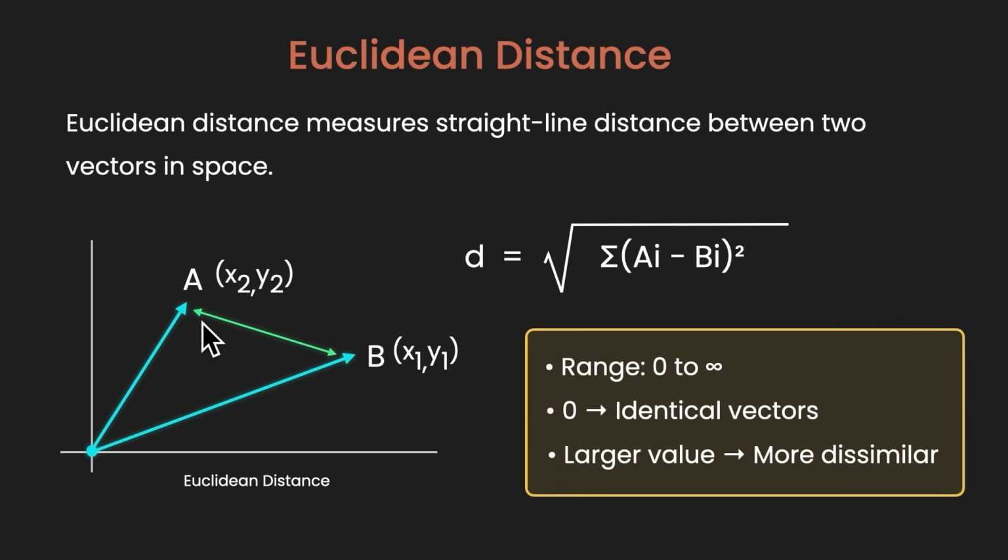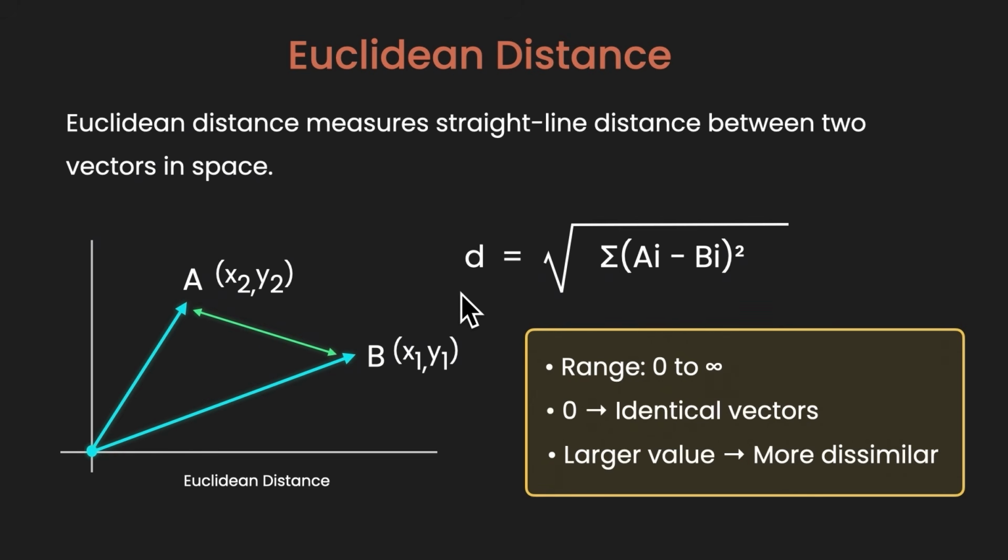Instead, it cares about how far apart these two vectors are in the vector space and what's the actual distance between A and B. So imagine you have 2 points A and B. If you draw a straight line between them, this length is the Euclidean distance. If these 2 points are close, the distance would be small, and if they are farther apart, the distance would be large.